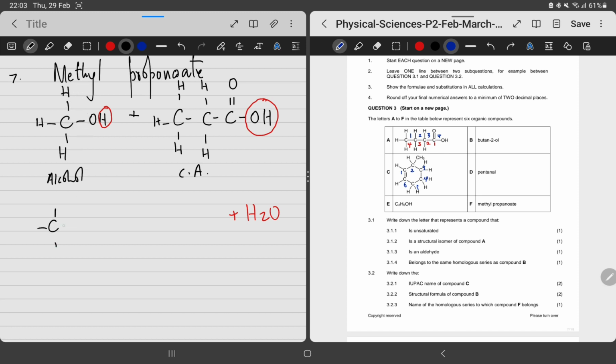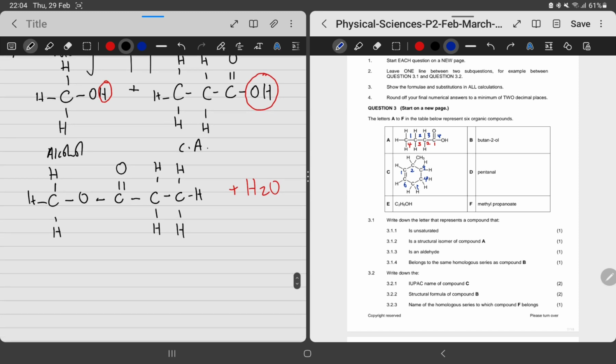So this is the alcohol, and then we join it with the carboxylic acid. So I'm joining it from this side. And then we have 2 carbons. Okay, that is the structural formula of methyl propanoate.